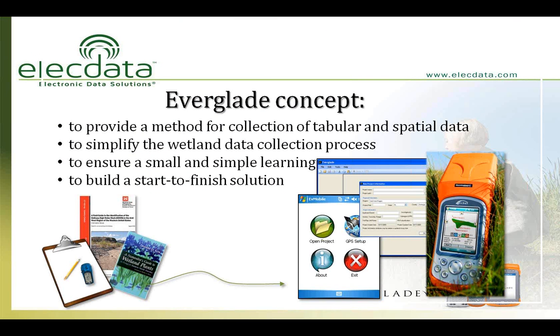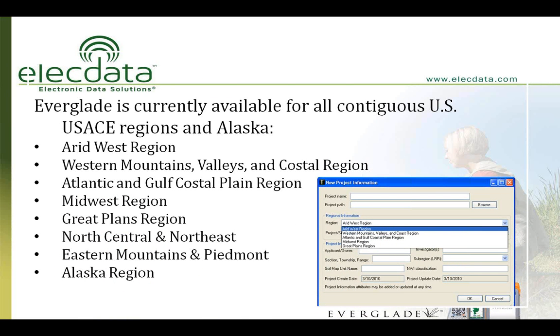We wanted to simplify the wetland data collection process and move away from the traditional method of using paper data sheets, recreational grade GPS, and going out to the field with your National Guide to Wetland Plants, essentially your National Wetland Plant List, and to ensure a small and simple learning curve and build a start-to-finish solution. So we're basically going to replace your manuals, your data sheets, your GPS with just your GPS running the Everglade Wetland Delineation Software.